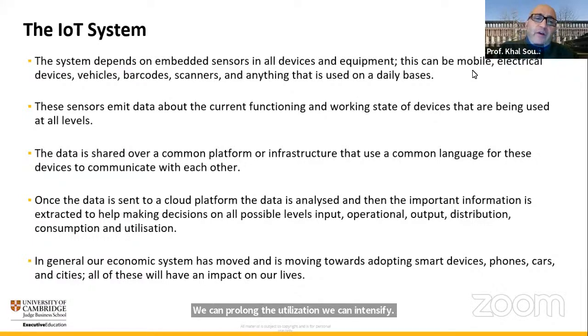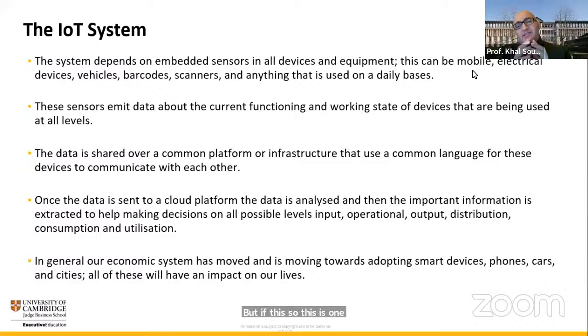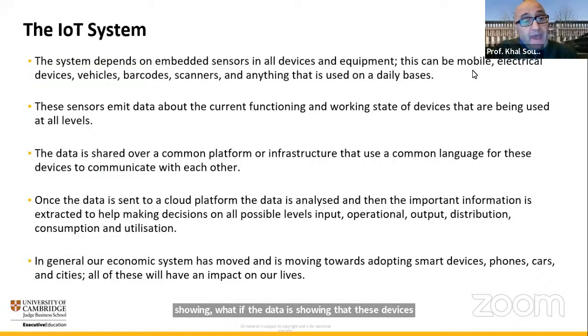But if the data is showing that these devices are not doing well, then we say, okay, it needs repair. But what do we repair? If the device is in good working order, we can intensify its usage.